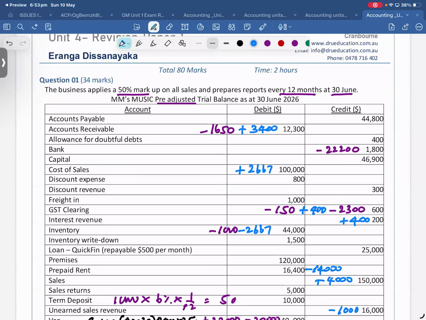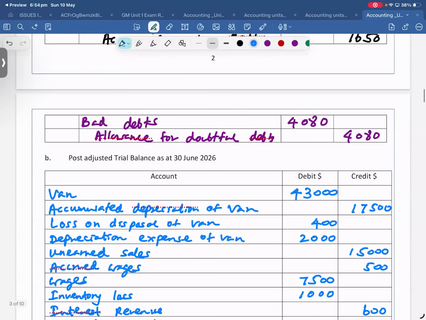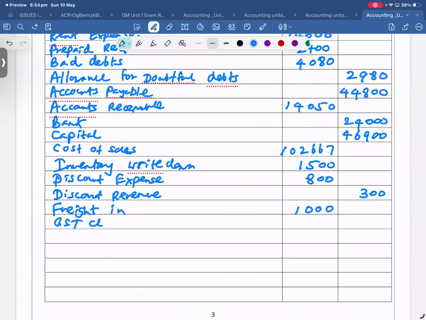GST clearing, 1,450. GST clearing is a negative one. That means debit 1,450.